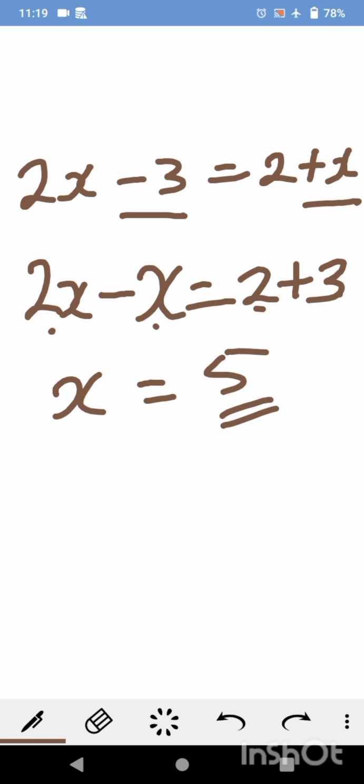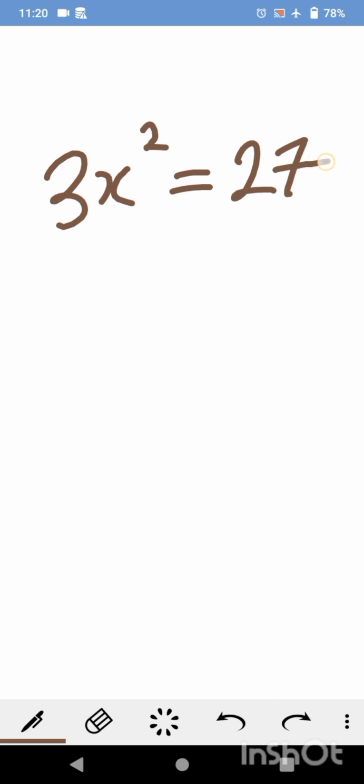Okay, let's have another one. Okay, so we have other cases. Let's say we have 3x all squared equals 27.